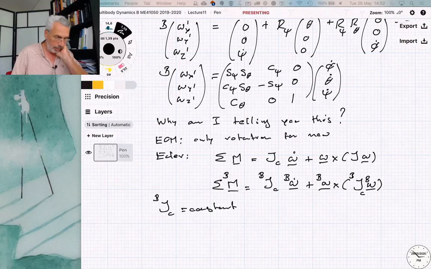That's why I like that. Now what do we do with this equation? Of course, given the torques and given the state, the angular velocities, I can solve for the acceleration.